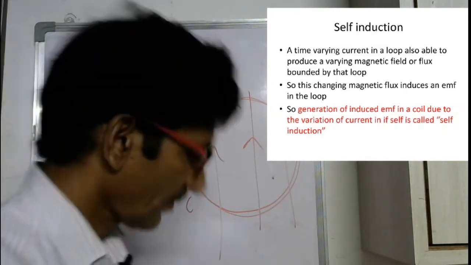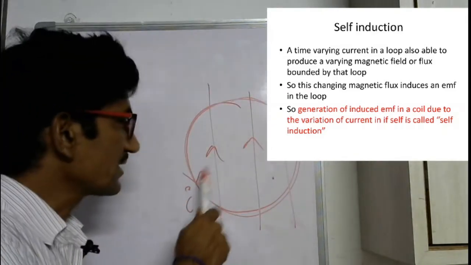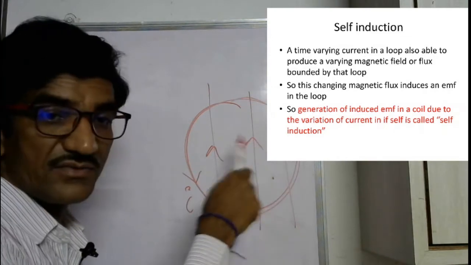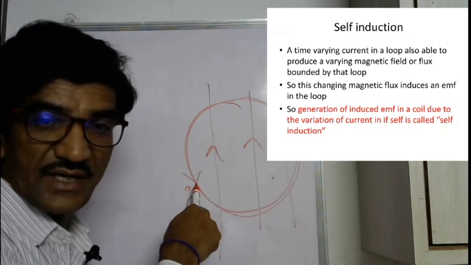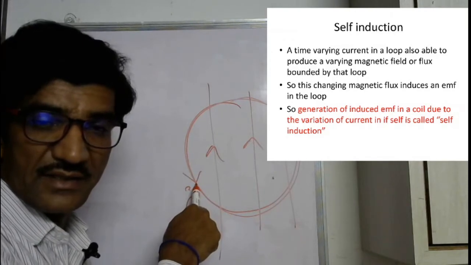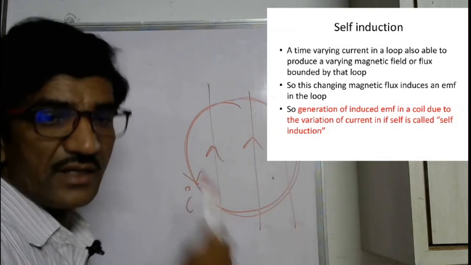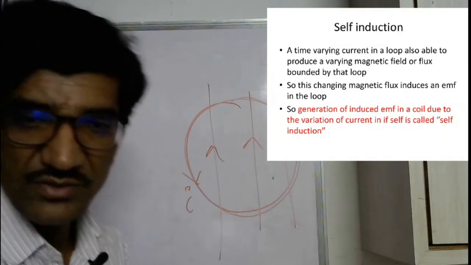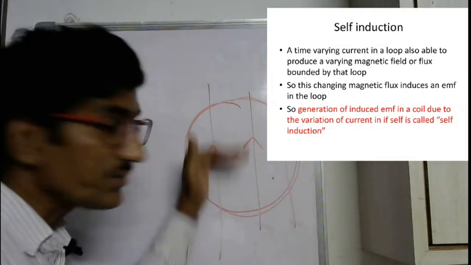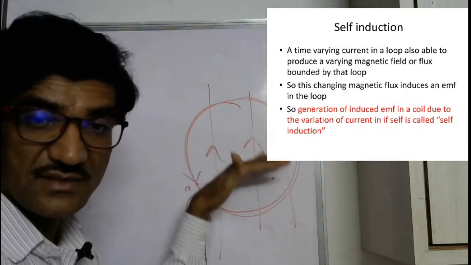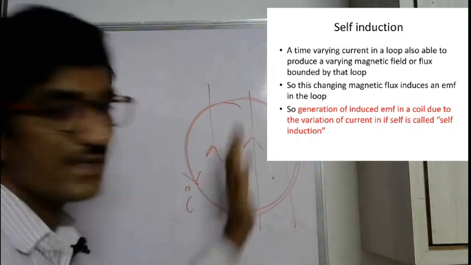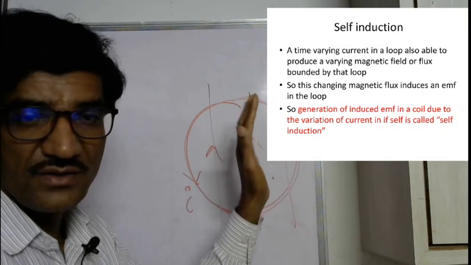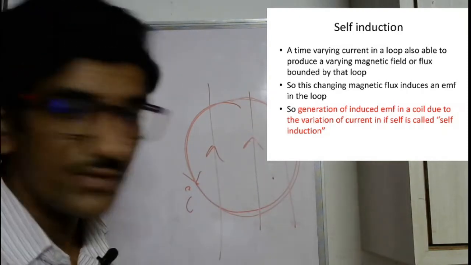The cause of this change in magnetic field is this current. You already have a current, and again you get a different current due to the change in the flux created by this current. Already you have an EMF, and you get another EMF here.